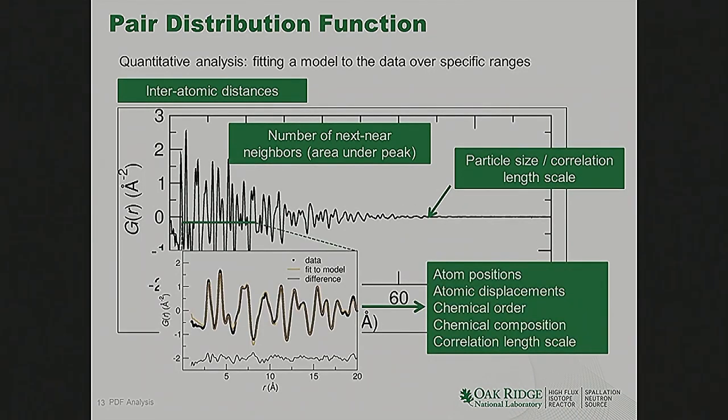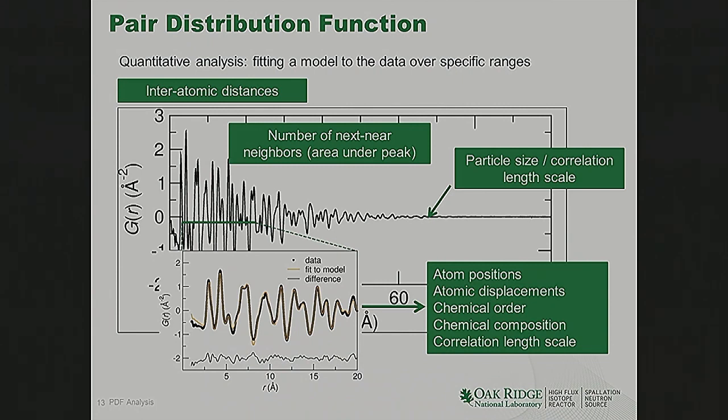Now, if you do a quantitative analysis of this function, and almost the entirety of the rest of the talk is examples where we've done that, you can, just like Rietveld type analysis or a single crystal type analysis, propose a model and do a calculation. So our fit in orange here, our data in black there, and a difference curve falling below.